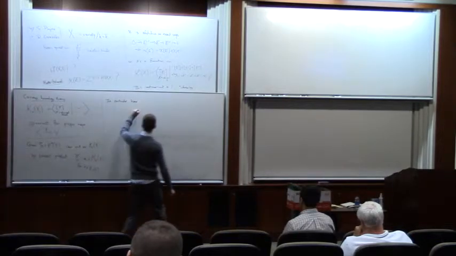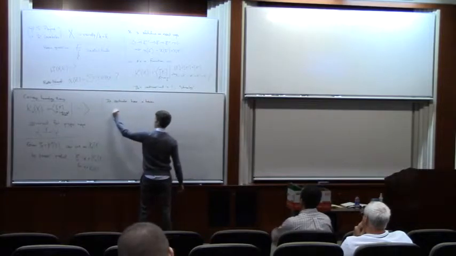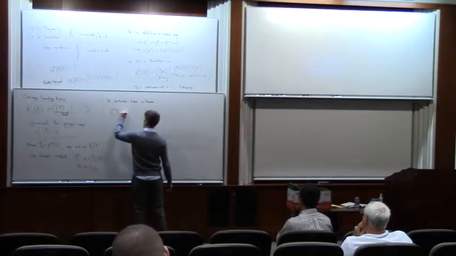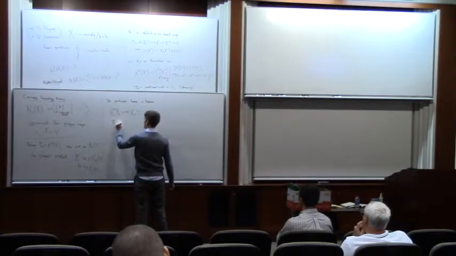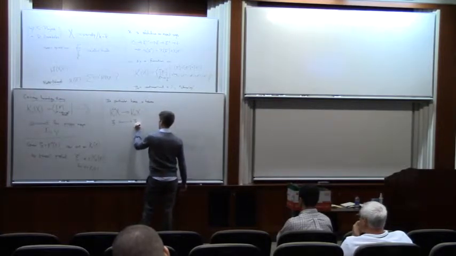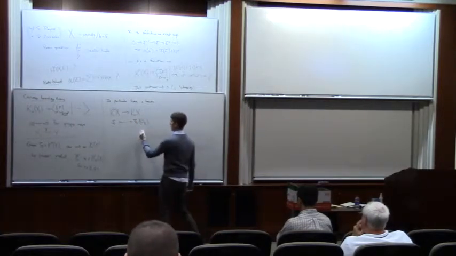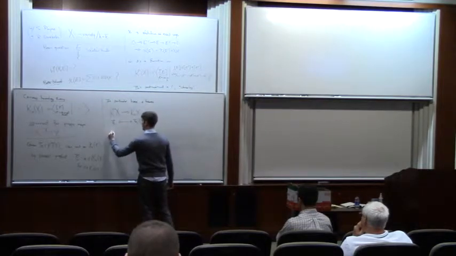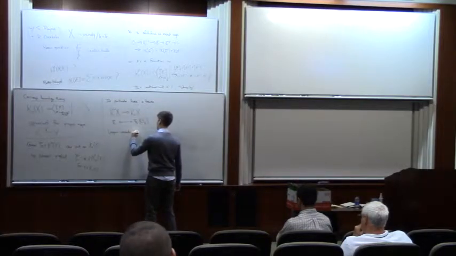But in particular, you have a homomorphism from K upper 0 of X to K lower 0 of X, just taking a class and tensoring it by the structure sheaf of X, or equivalently, just considering it as a coherent sheaf.